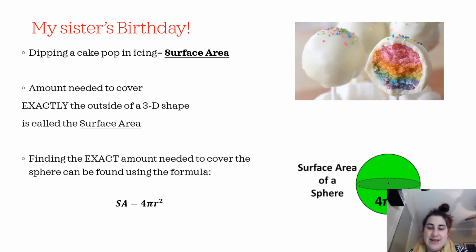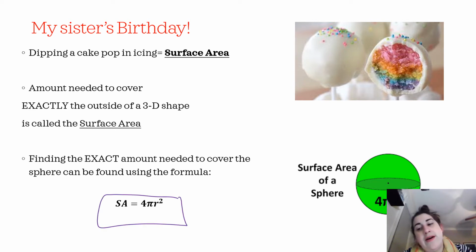All right, anyways. So think about a cake pop. If you dip it in icing, what covers the cake part of it would be the surface area. So it's exact around. The formula for this is 4 times pi r squared.